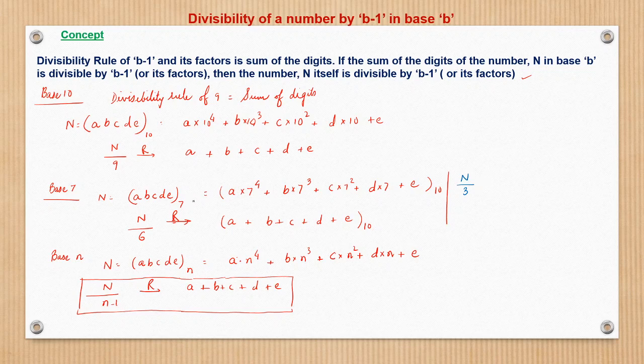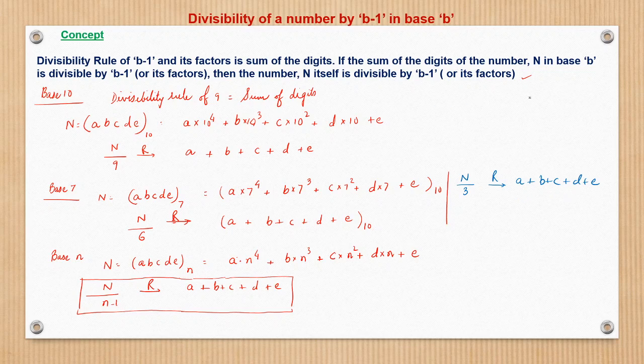Here n by 3 means 7 by 3, again remainder is 1, so 1 raised to power 4 is 1. Here also 7 by 3, remainder would be 1. So when this number is divided by 3, again it gives the same remainder, right? Because 7 by 3 remainder is 1, 1 raised to power 4, again 7 by 3. So on the remainders it will be a plus b plus c plus d plus e.